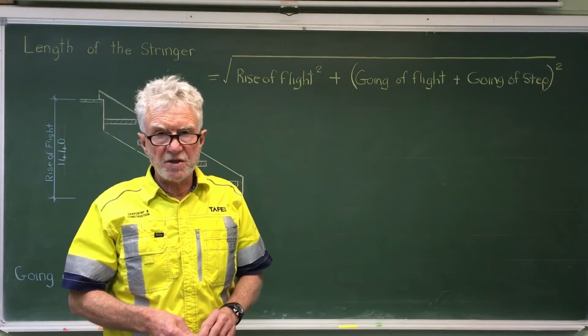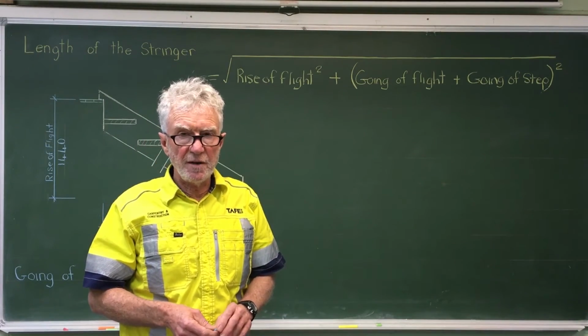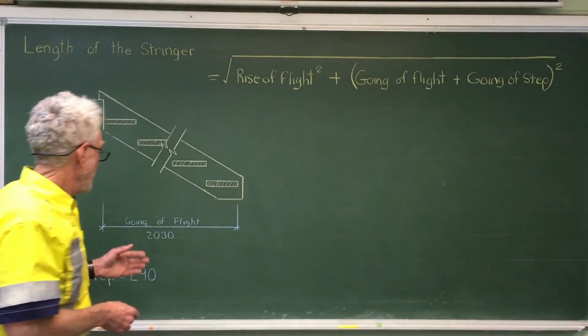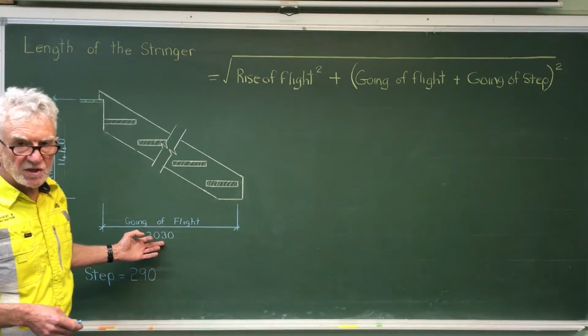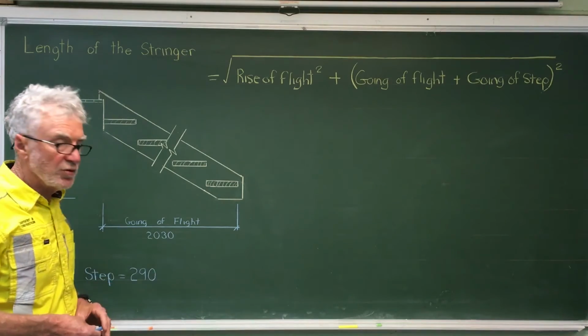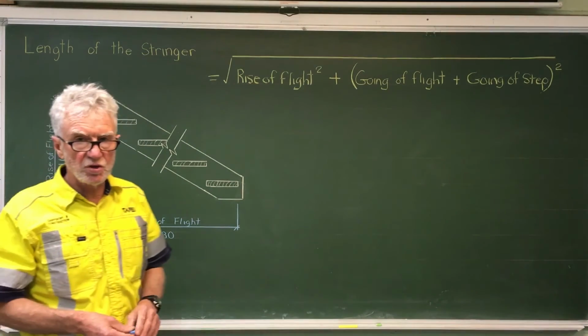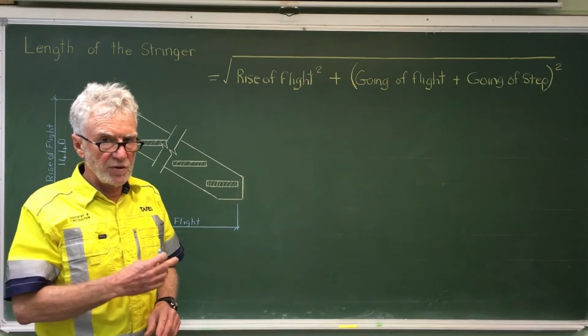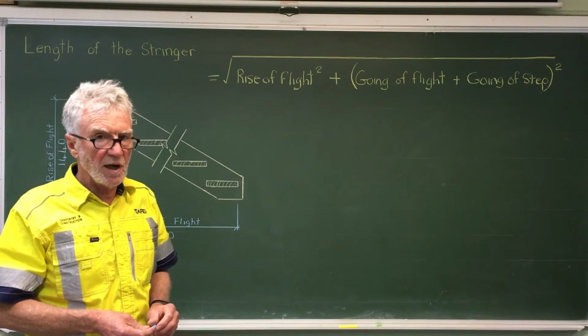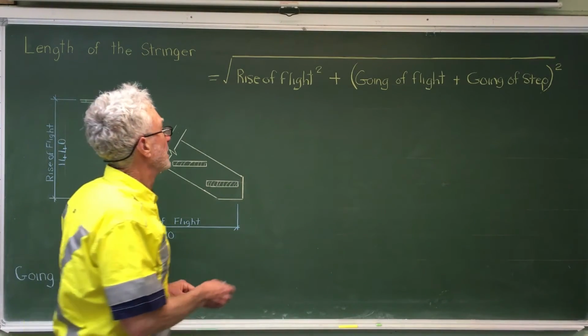So in this exercise, to find the length of the stringer, we've got a going of flight that we've just calculated at 2030, and our going of step is 290. If we put those figures into the formula, we'll get the length of our stringer.